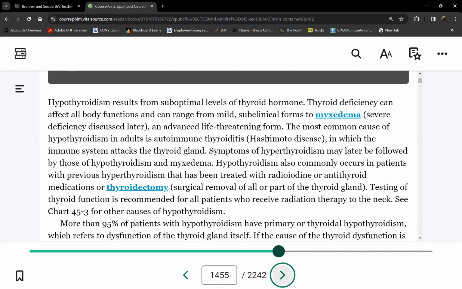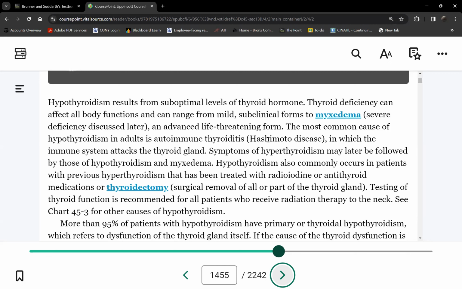Now, what will the pituitary gland do again in response to T3 and T4 levels being low? It will increase TSH. So therefore, in Hashimoto's disease, we will see high TSH, however, low T3 and T4.